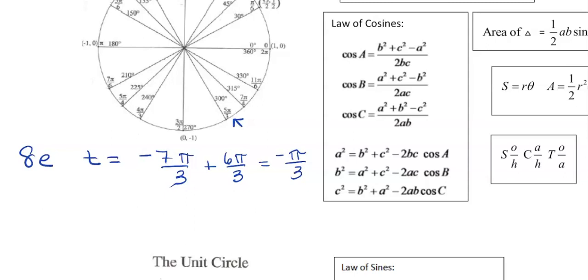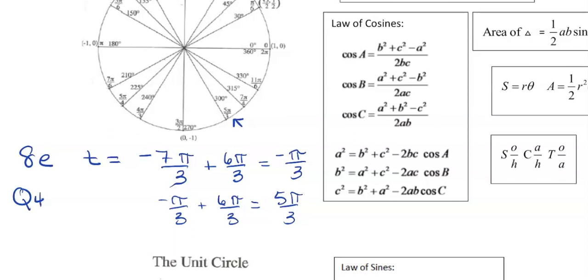But let's say we're not comfortable with that. Take your negative pi over 3 and add another full circle. That gives you 5 pi over 3, which is exactly where I said we were. So what quadrant am I in? I am in quadrant 4, and now let's get our coordinate pairs.